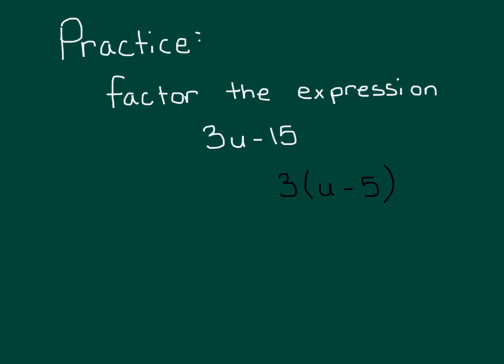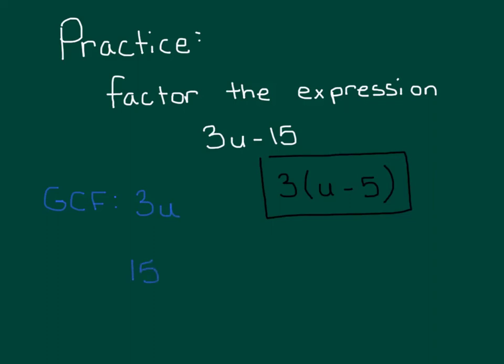If you didn't, stick with me while I explain why the solution is 3 times the quantity of u minus 5. So remember we said earlier that we have to take our terms and we have to find the GCF. So we're going back and we're going to look at what is the GCF, and I'm looking at the term 3u and I'm looking at the term 15.